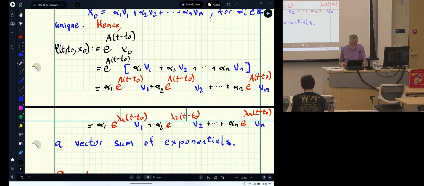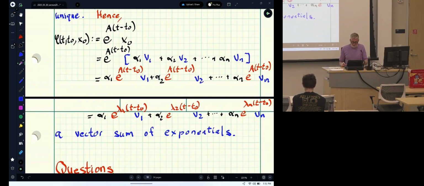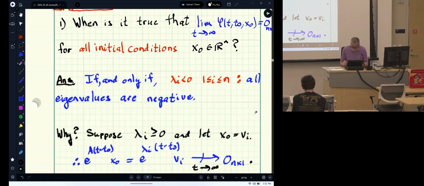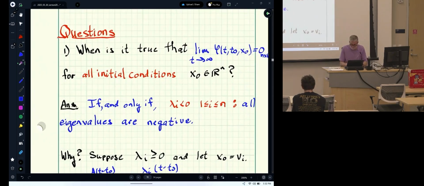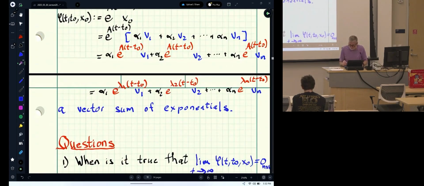Because once you do that, everything looks like a scalar times one eigenvector, another scalar times a second eigenvector, plus a scalar times the last eigenvector. So it's straightforward to understand what's happening to each block.